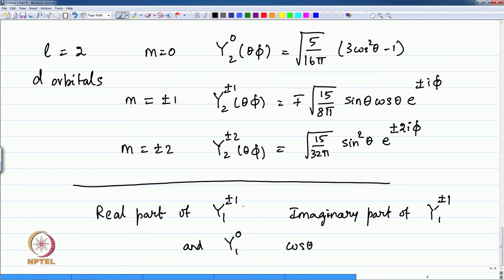And here this will contain sin theta, the real part will contain sin theta cos phi, and the imaginary part will contain sin theta sin phi. So, we shall see this in the spherical coordinate pictures representations. Let us look at the Y_11.